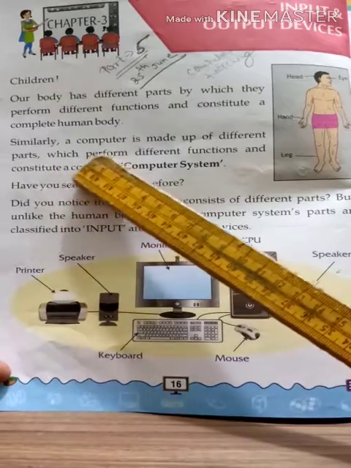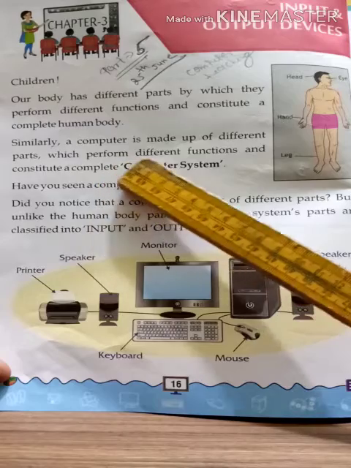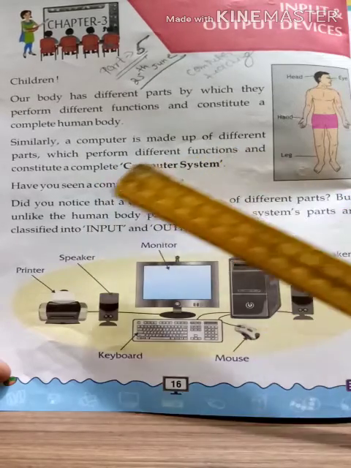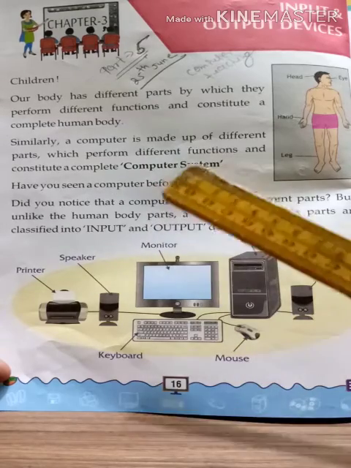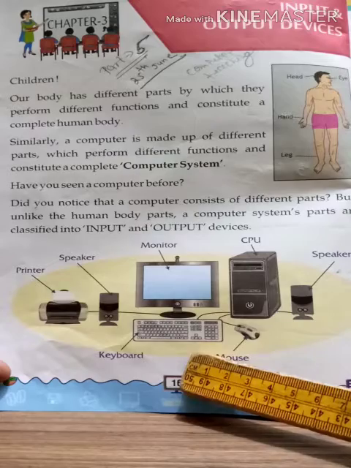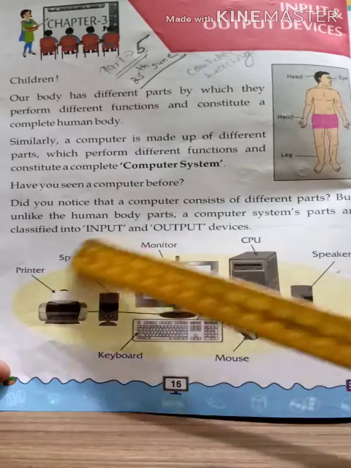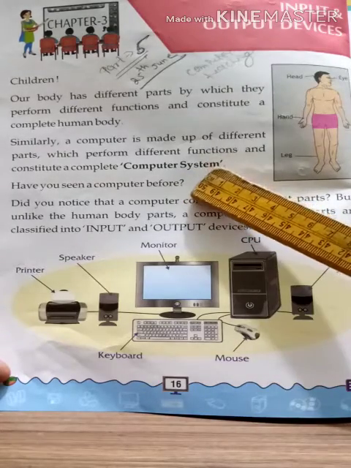Similarly, a computer is made up of different parts which perform different functions and constitute a complete computer system. Same as the computer has different parts, and collectively all these parts of computer are called computer system.